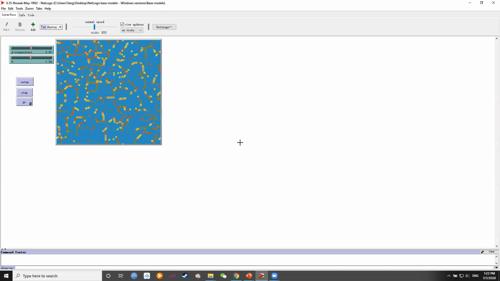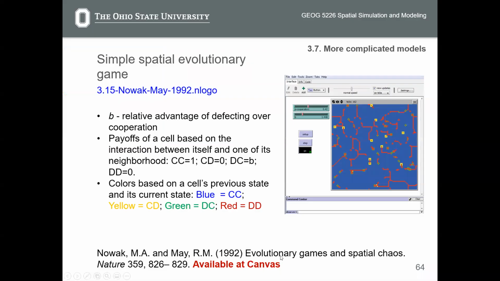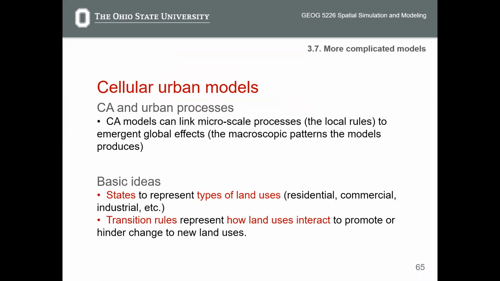So aggregation and segregation both exist here in this spatial pattern, in this space. So that is spatial evolutionary game theory. And we have discussed so many models in this chapter, and these models all can produce aggregation and segregation.